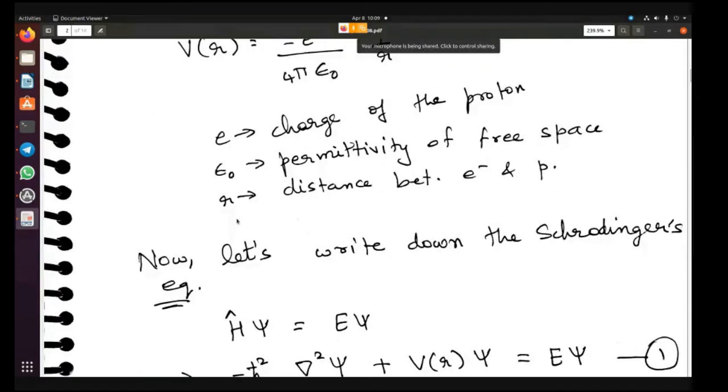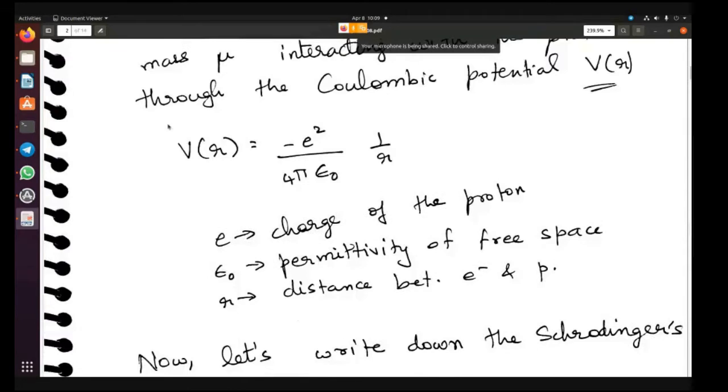Now that we have defined the potential, in the hydrogen atom, the main thing was the potential energy, because we already know what the Schrodinger equation looks like. It has the kinetic energy term, which is minus h cross square by 2m del square, and then the potential energy term, V of R. In this case, V of R has this particular form.